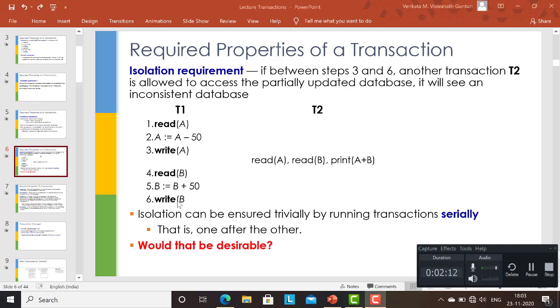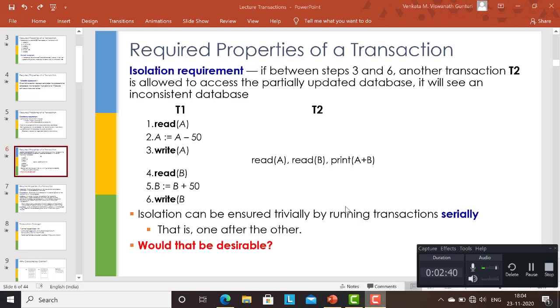Now this is undesirable. You can guess why. The value of print A plus B should be the same whether T2 executed before T1 or after T1. That would have been the ideal case.